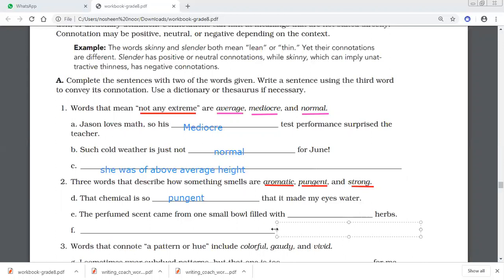Okay. Now, the second sentence from number 2 is: the perfumed scent came from one small bowl filled with dash herbs. What kind of herbs would it be that had a perfumed scent?